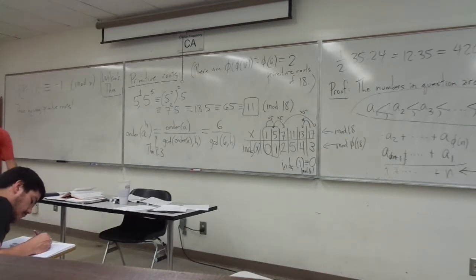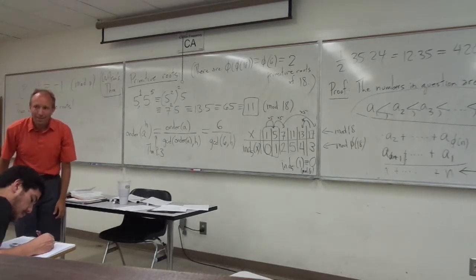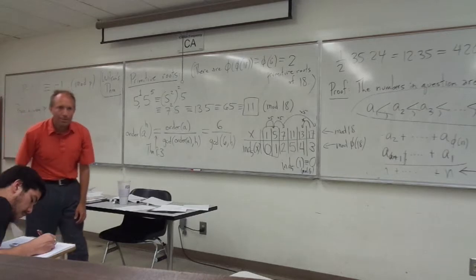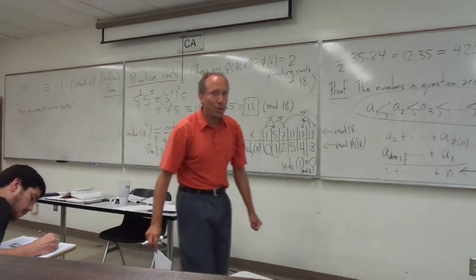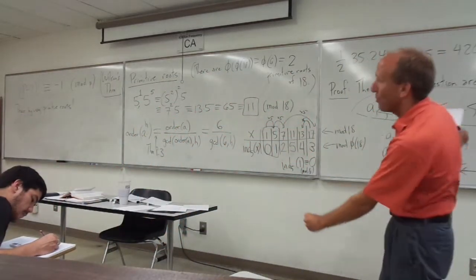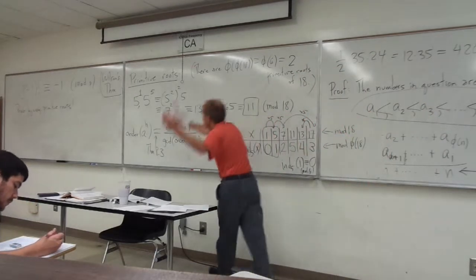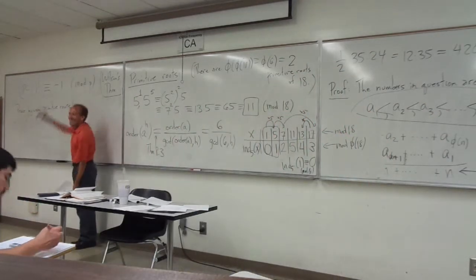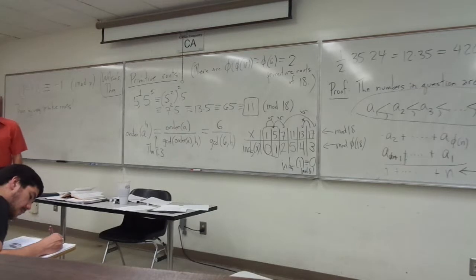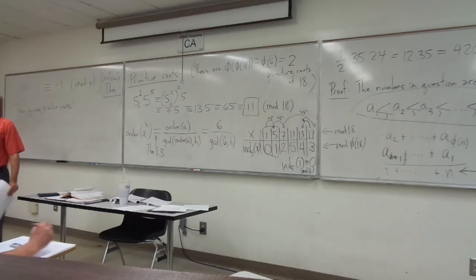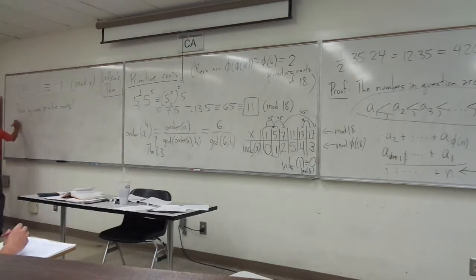What modulus do you suppose I want to work with? Not everything is a trick question. What modulus do you think I want to work with here? P. Wait, if we're in mod P, do we know we have primitive roots? We do. Let's let R be a primitive root.